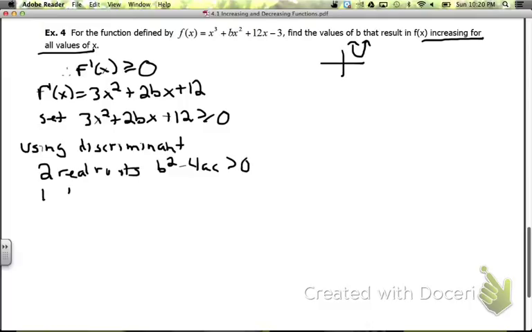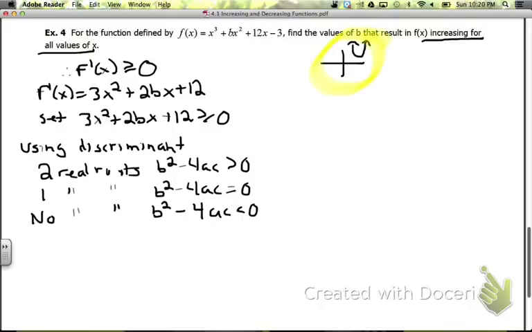If we have 1 real root, our b squared minus 4ac would be equal to 0. And no real roots, we'd have b squared minus 4ac less than 0. And since we know it's increasing for all values of x, we know that we would have no real roots.